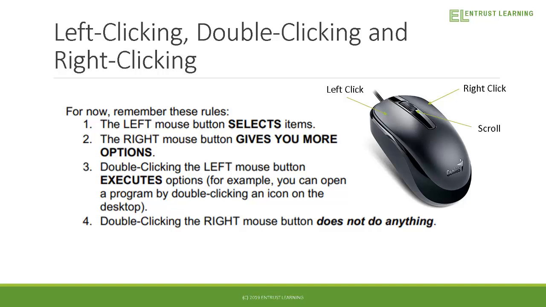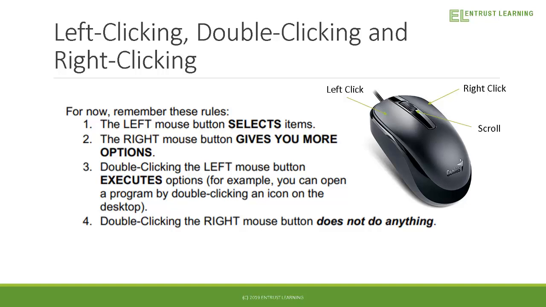The double clicking, like I said, on the left side of the mouse, will allow you to execute options. For example, you can open up a program by double clicking an icon on the desktop. Now, the double clicking of the right does not do anything. So normally, in general computer terms, you would hear people saying just double left click.